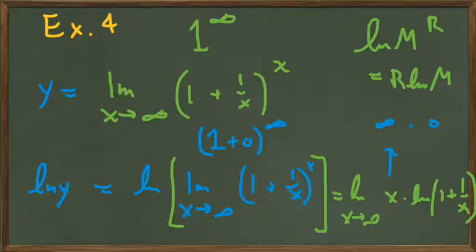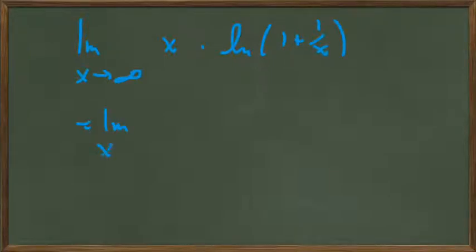And it turns out that certain cases of infinity times 0, or almost all of them actually, can be turned into either 0 over 0 or infinity over infinity. So let's see how. We've got the limit as x goes to infinity of x times ln of 1 plus 1 over x, and that is algebraically the same as the ln of 1 plus 1 over x divided by 1 over x.